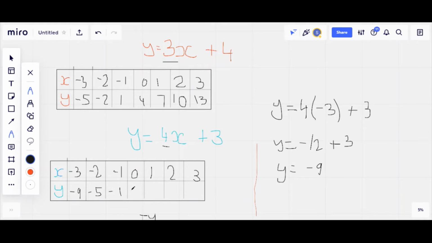Then -1 plus 4 gives us just 3. Then 3 plus 4 is 7. Then we have 7 plus 4 gives us 11. And then 11 plus 4 gives us 15.